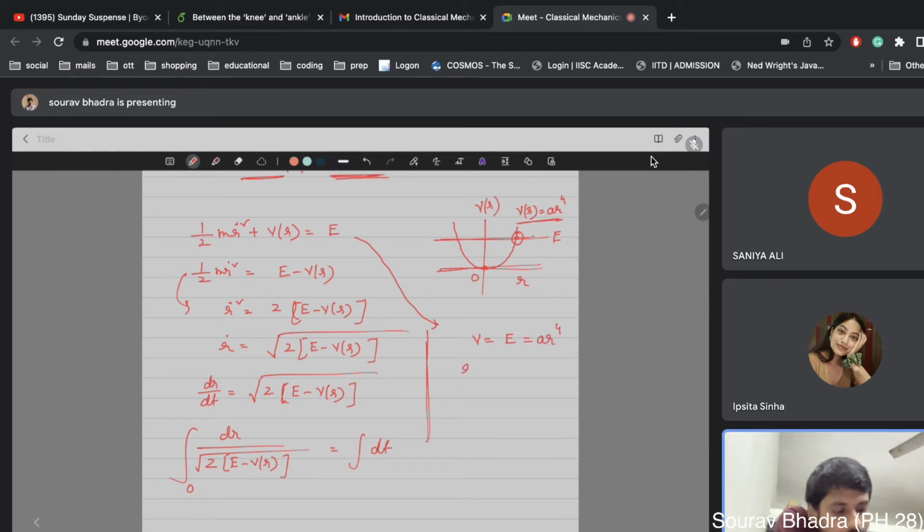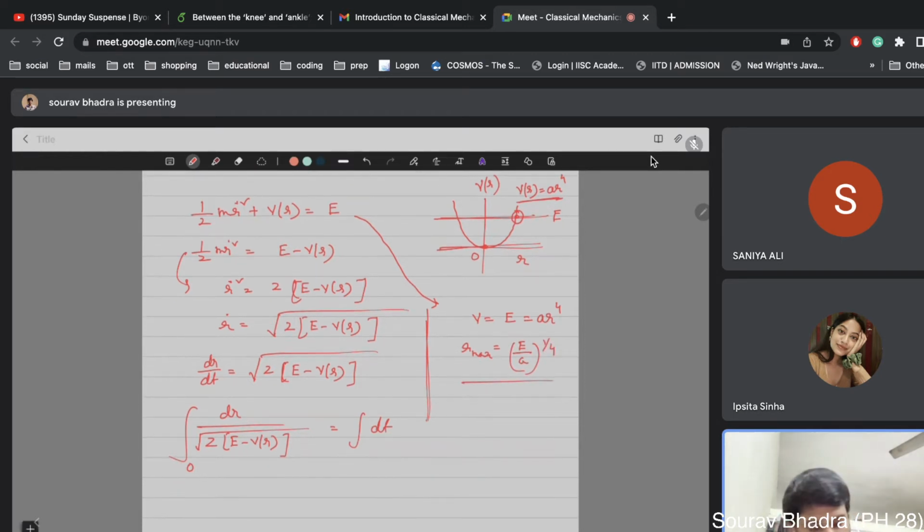So from here you can write that r max is actually (E by a) to the power 1 by 4. This is your maximum limit of r.